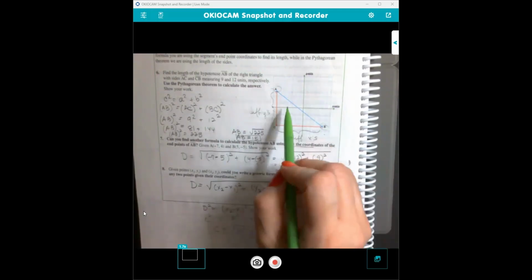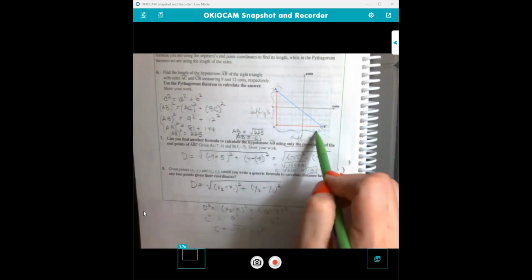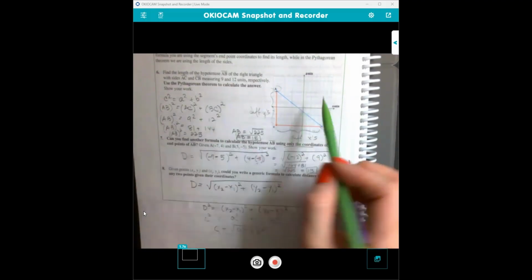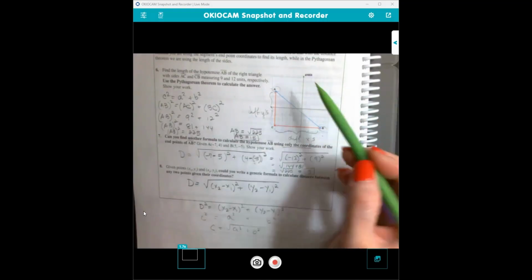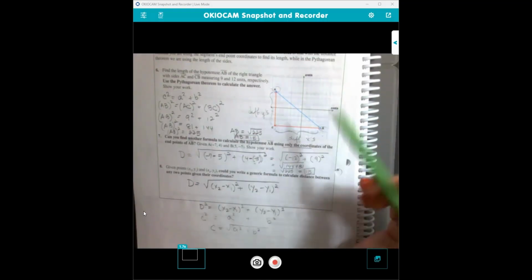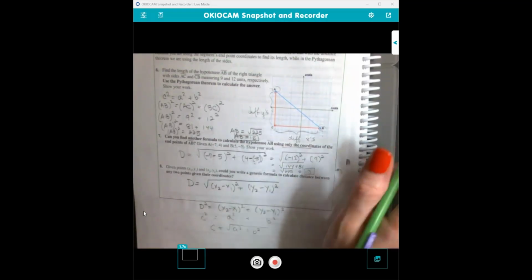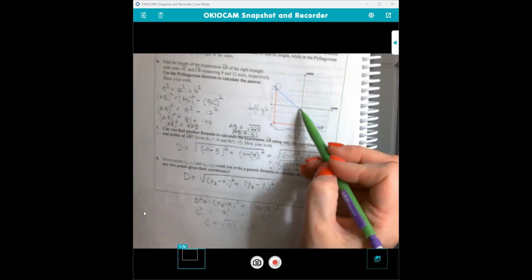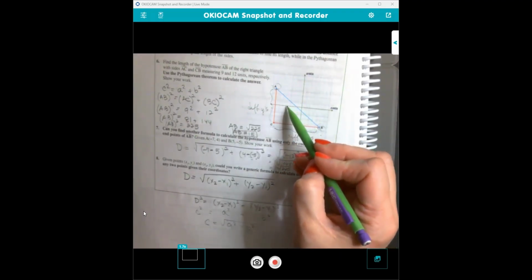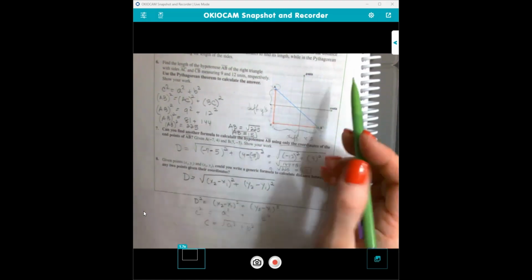But we can always find the change in the y's and the change in the x's by doing the differences. Now, for this case, what if I don't give you the grid? Instead of trying to draw it on the grid, you are going to use whatever the coordinates are for A and B. In this case, I have 1, 2, 3, 4, 5, 6, 7, right?